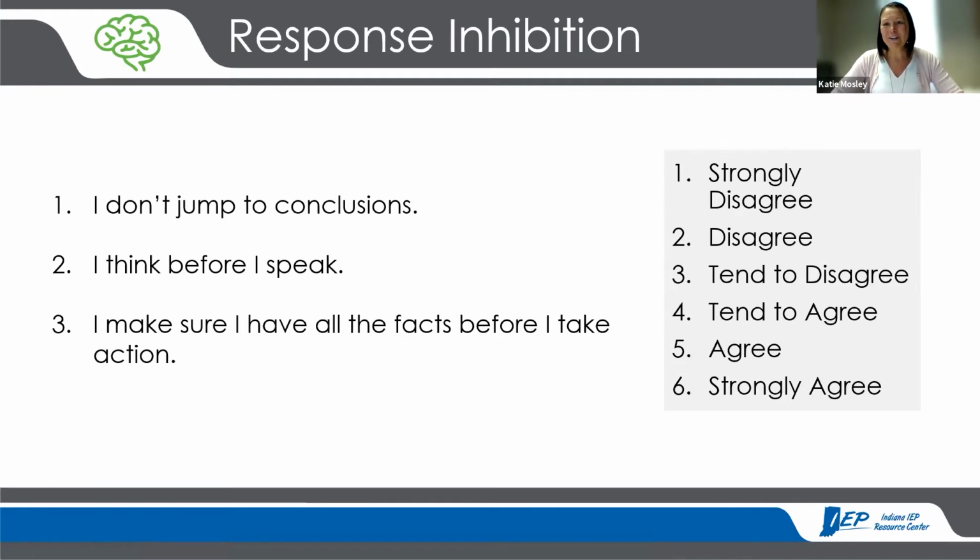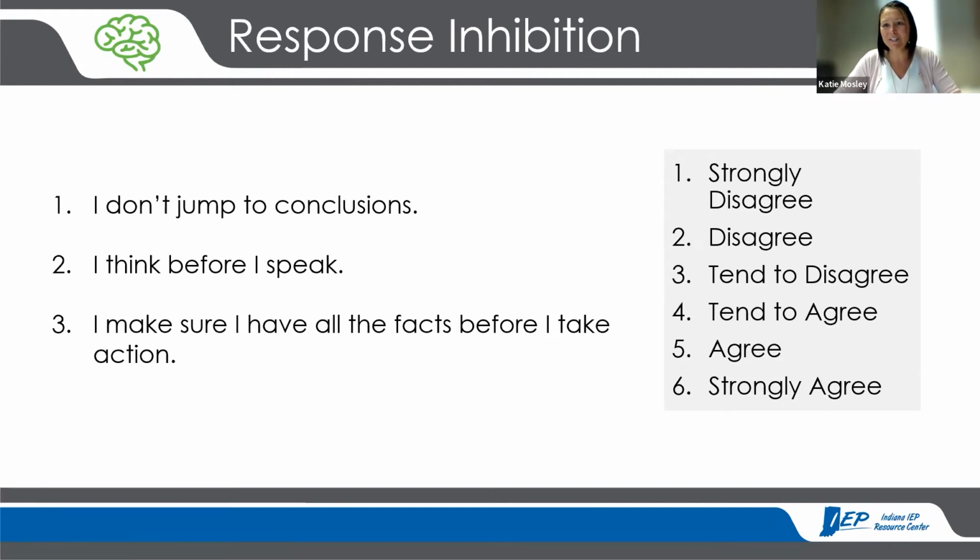The first area that we're going to talk about is response inhibition. There are three statements that I want you to respond to on a Likert scale of strongly disagree to strongly agree. Number 1, I don't jump to conclusions. On the scale, where are you? I know that you have these in front of you and can read them, but sometimes hearing something out loud is better, and we all know that giving choices and options is wonderful in our classroom.